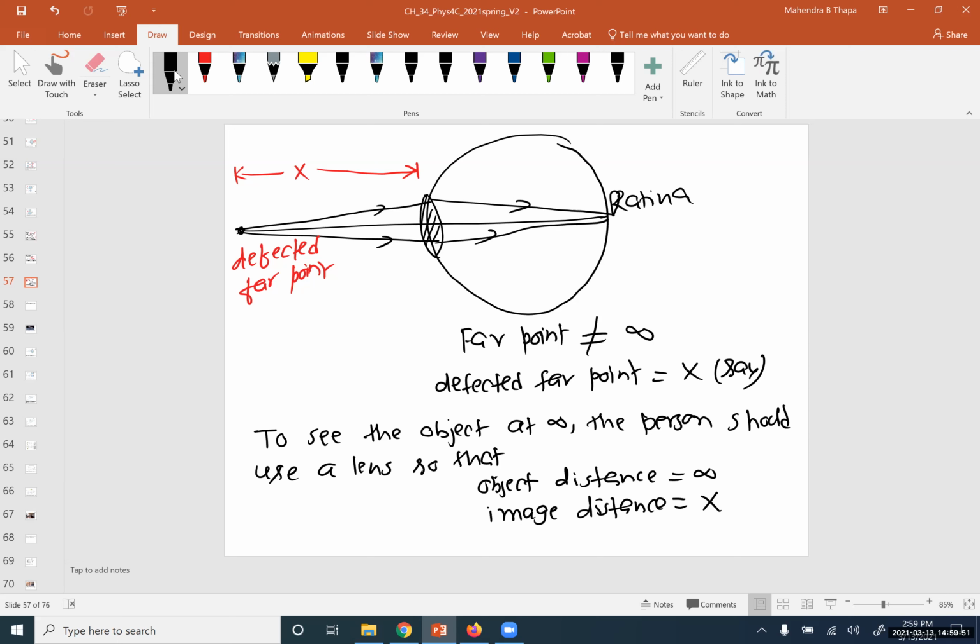Means we have to put the lens in front of this eye so that the image will be formed at the defective far point. If the image is formed at the defective far point, the person can see the object at the very far point.